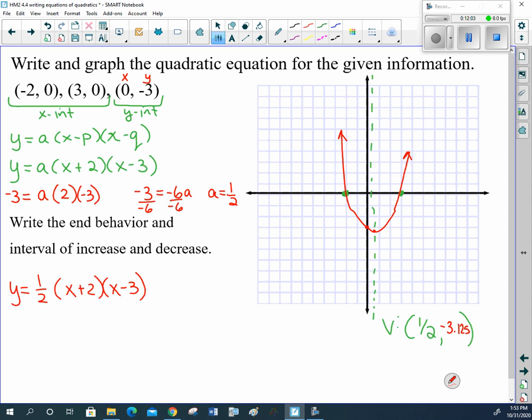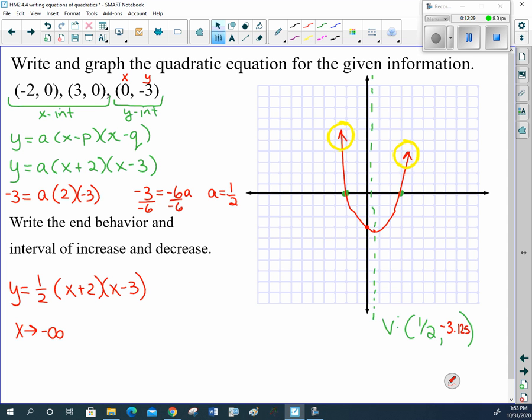Okay, and then, so we've got our equation, we've graphed it, and now it says write the end behavior and the interval of increase and decrease. So remember, end behavior is talking about what are the arrows doing. So we're going to describe that, remember, in math lingo. So the end behavior would say something like the arrow on the left. So this is what we used for notation for the arrow on the left.